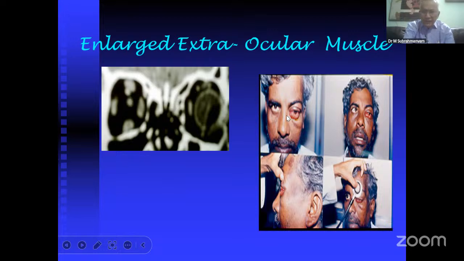This patient has proptosis with chemosis, and abduction is restricted on the left eye. There's a pulsatile proptosis. Bruit is heard. Intraocular pressure is raised. This is a very typical case of carotid cavernous fistula.